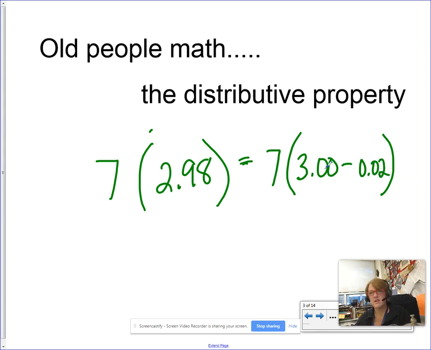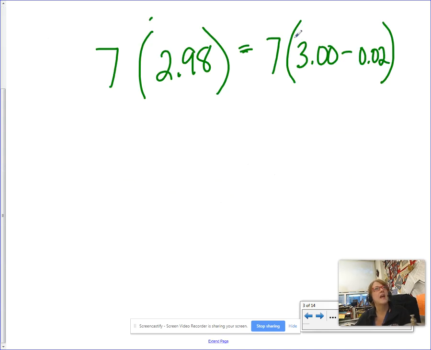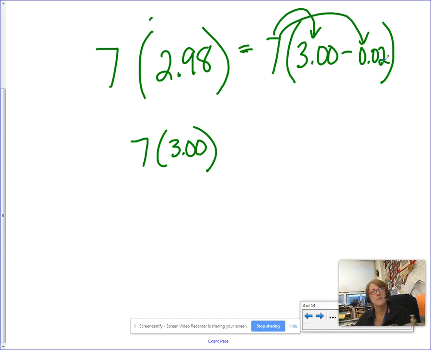Agreed? Yep, that makes sense. Now the distributive property says I can do this. I can take 7 times just the $3 and then take 7 times this 2 cents. I'm going to put that subtraction sign right here. 7 times the 2 cents.